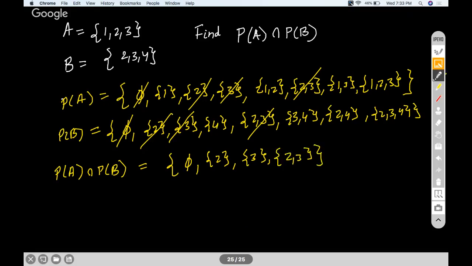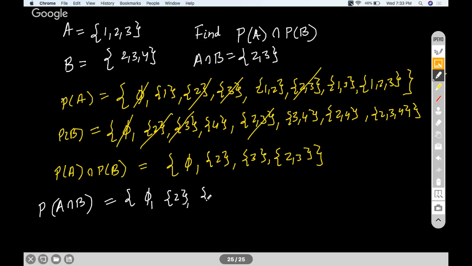Now if you see this very closely, what's A intersection B? A intersection B from here would be just 2 and 3, right? If you write the power set of this, you will get null set, 2, 3, and 2 and 3. What does this signify? These two are same. So this brings a very important property.